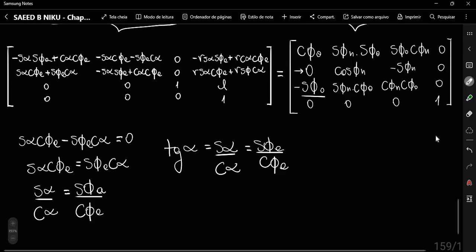so we can take the arctangent and extract alpha.